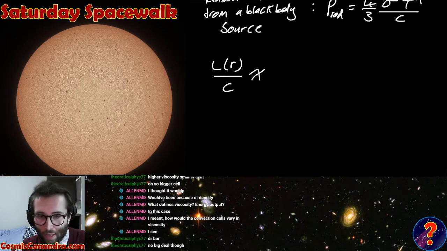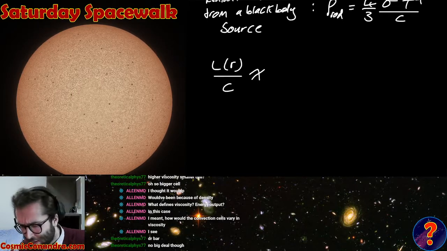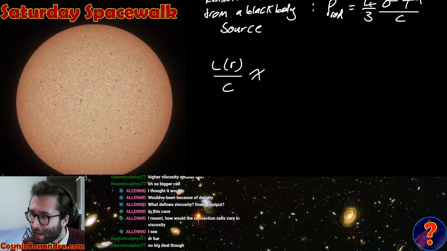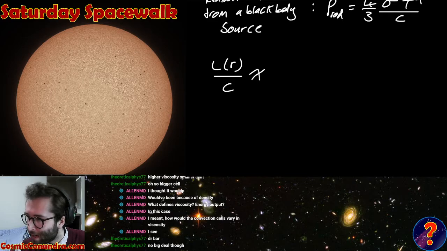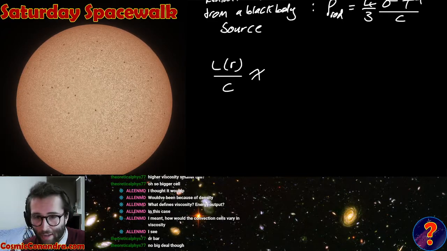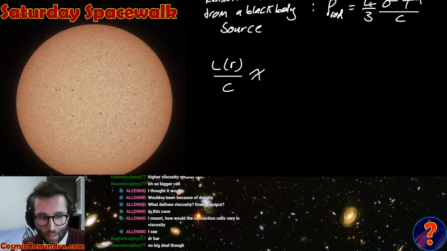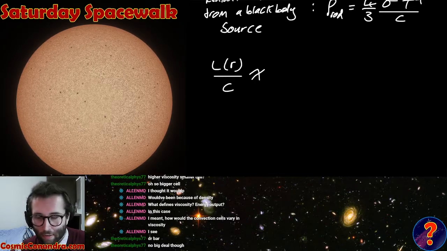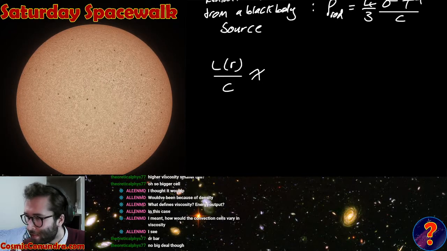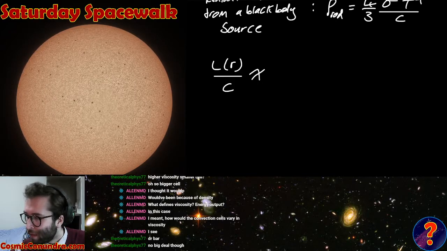So if this symbol here, I can't remember what it's called. Is it chi? Yeah, I think it's chi. If chi was 0, then this thing would be totally transparent and it would absorb no energy. But in general, this thing will depend on a whole manner of things like the composition, how metallic the star is, its temperature. There are lots of temperature limits on this thing.